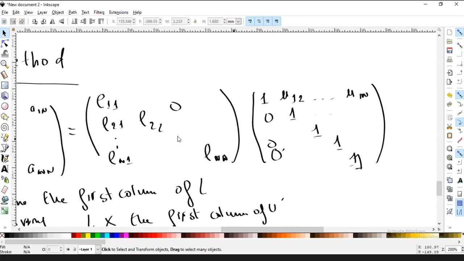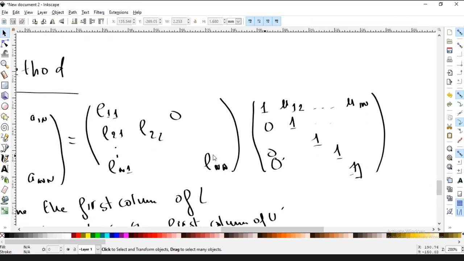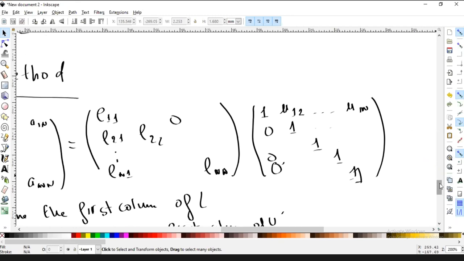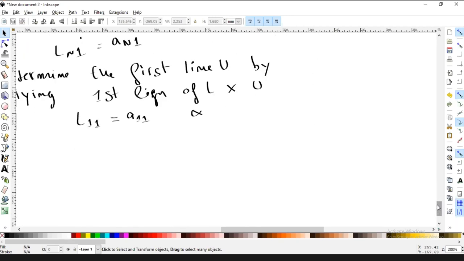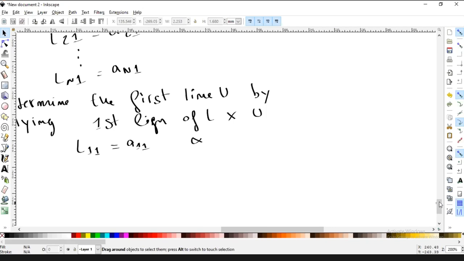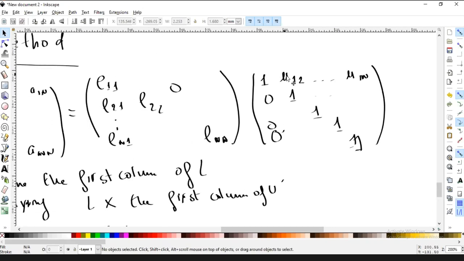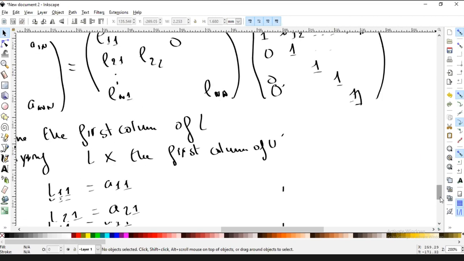Okay, so what I'm doing now is L by the first line of U. So, the first line of L by U, I get L11 U12 is equal to A12.